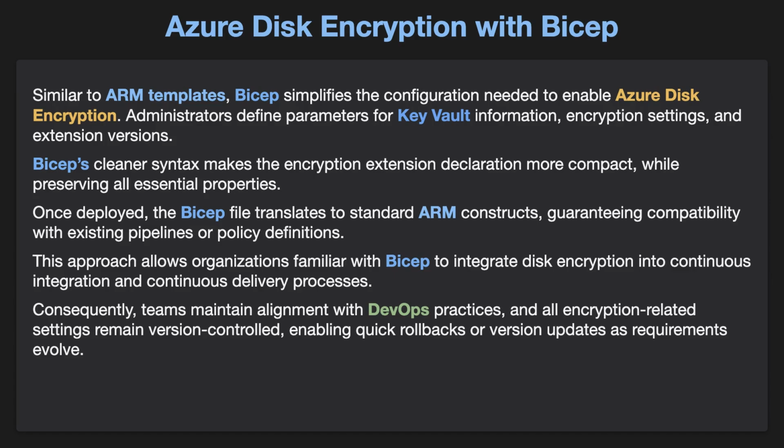Once deployed, the Bicep file translates to standard ARM constructs, guaranteeing compatibility with existing pipelines or policy definitions. This approach allows organizations familiar with Bicep to integrate disk encryption into continuous integration and continuous delivery processes. Consequently, teams maintain alignment with DevOps practices and all encryption-related settings remain version-controlled, enabling quick rollbacks or version updates as requirements evolve.